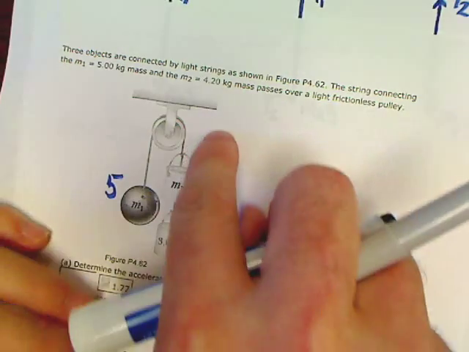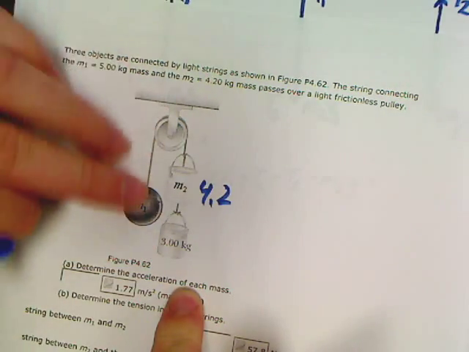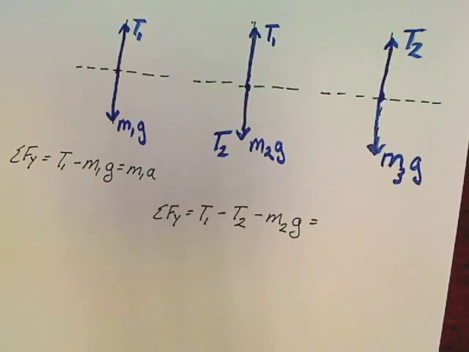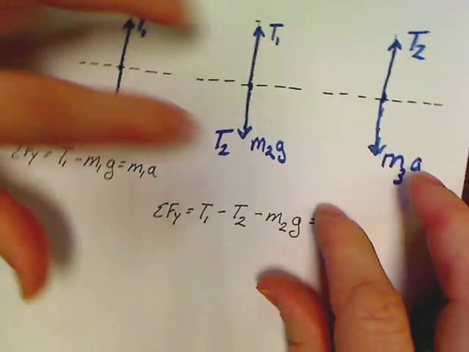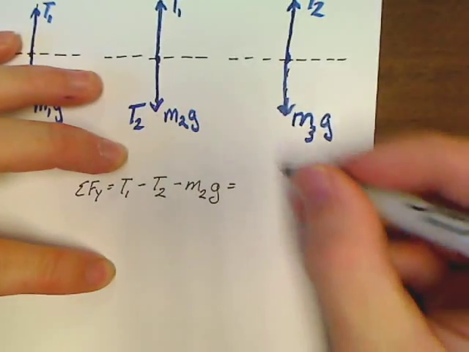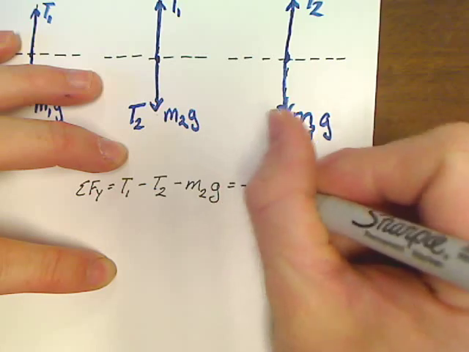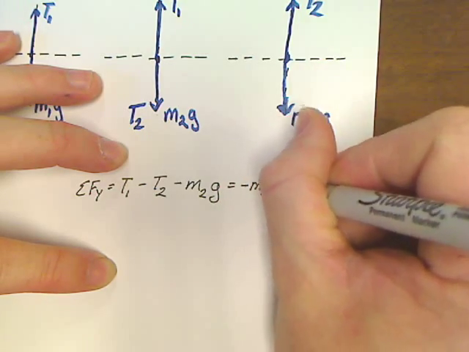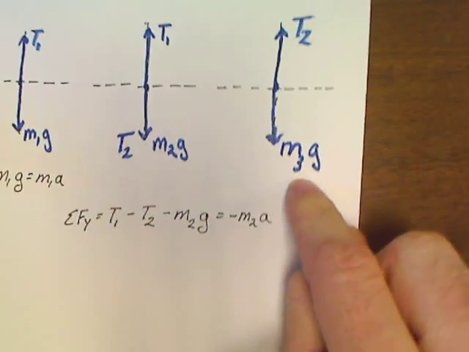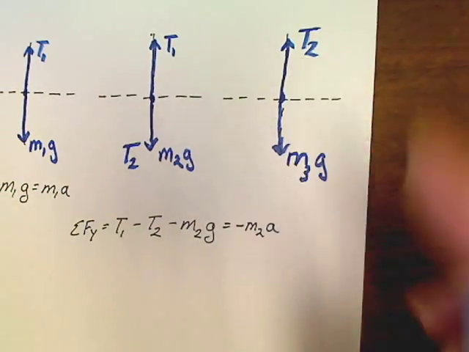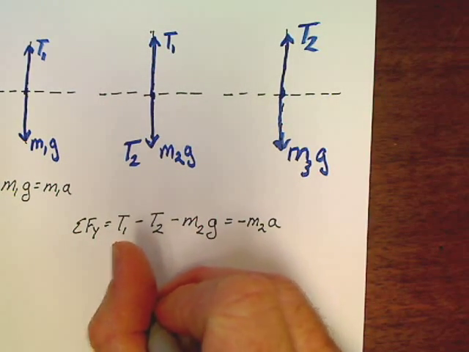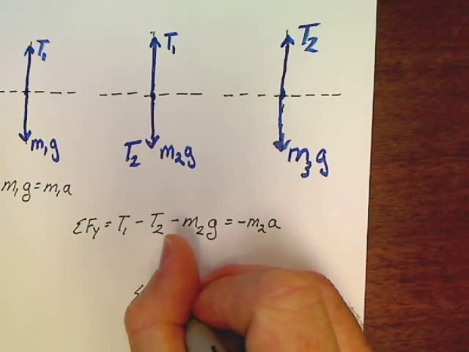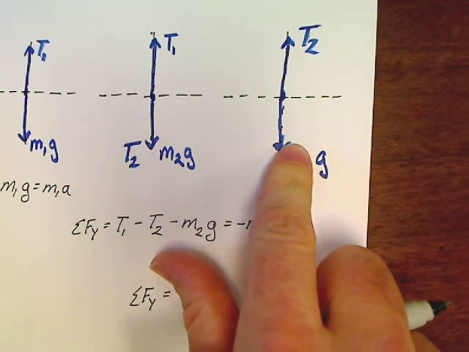So it's pretty clear that these are going to be falling, this one's going to be going up. So, okay, we're doing this problem right. I'm not going to worry too much about this. I know that this object's falling down, so I'm going to set it equal to negative M2A. And now for the third object, I've got T2 going up, sum of the forces Y, and this is for my third one.